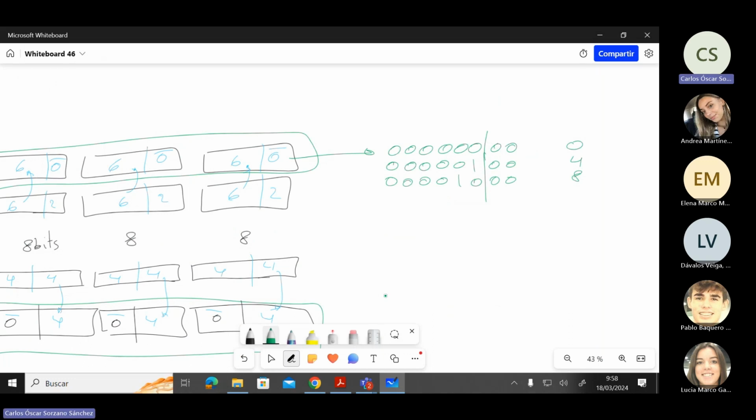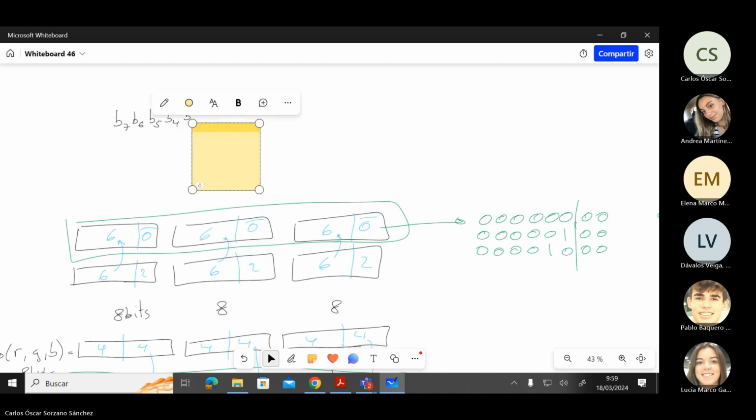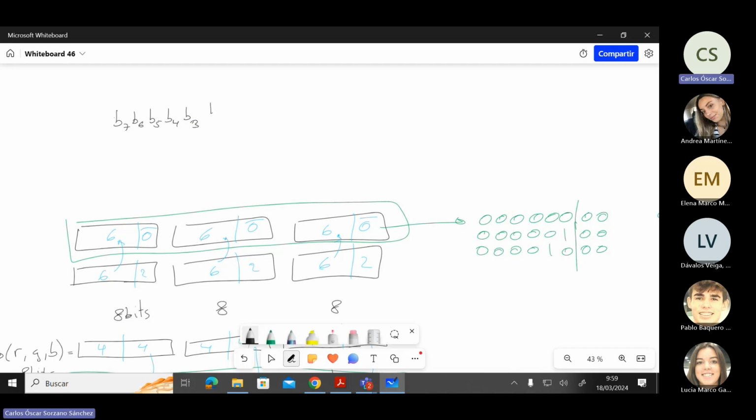So let's say that we have 8 bits of the first pixel.